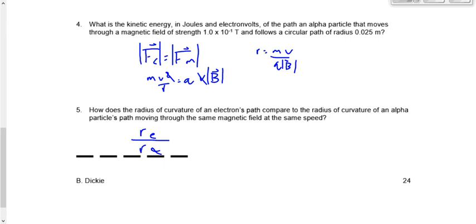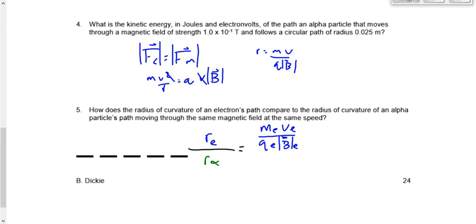So here's what I want to do. I'm going to actually just color code this. I'm going to say R_E over R alpha. The radius of the electron's path is M_E V_E over Q_E times B_E.